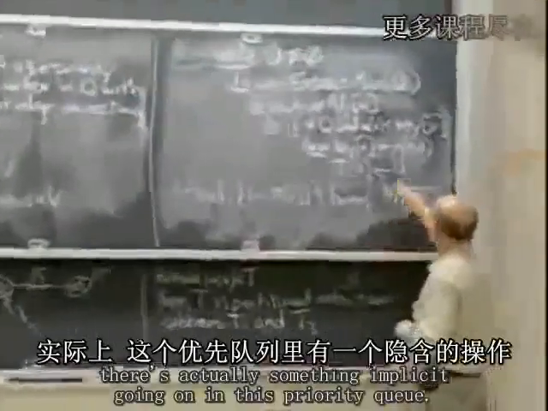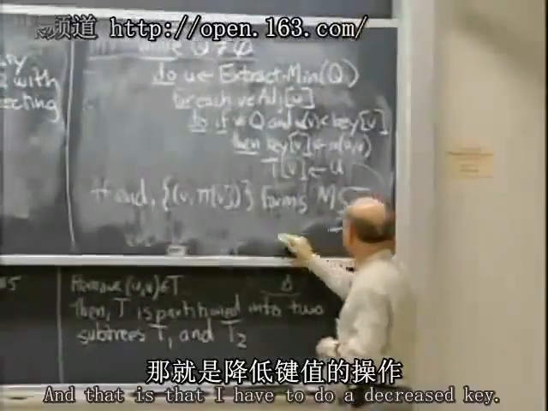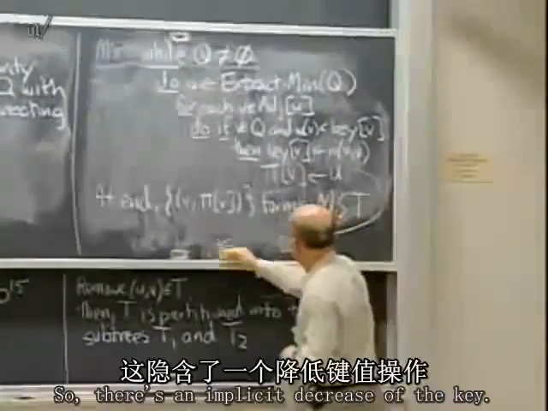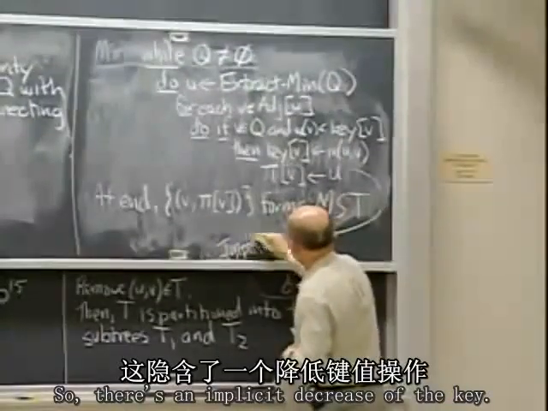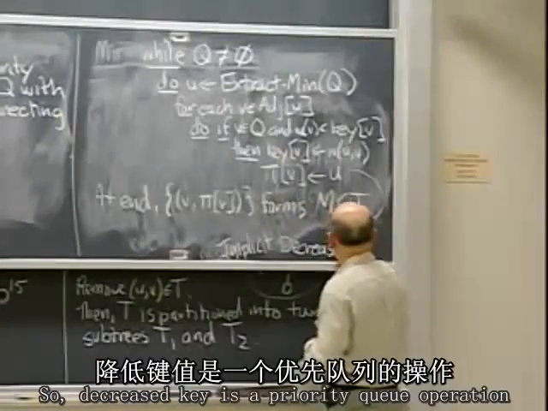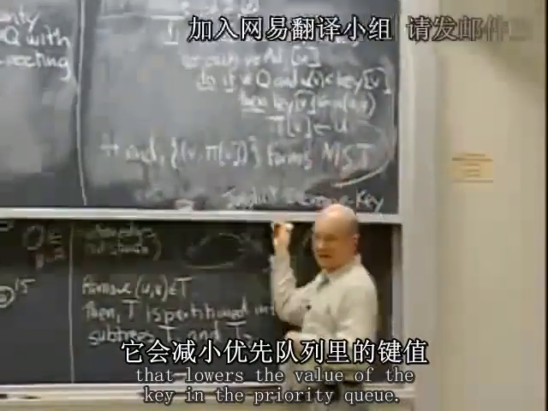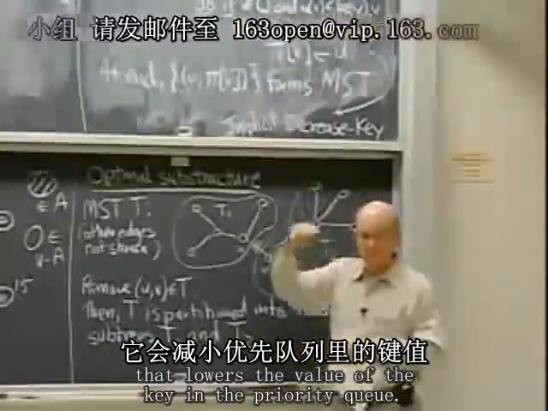there's actually something implicit going on in this priority queue, and that is that I have to do a decrease key. So there's an implicit decrease of the key. Decrease key is a priority queue operation that lowers the value of the key in the priority queue.